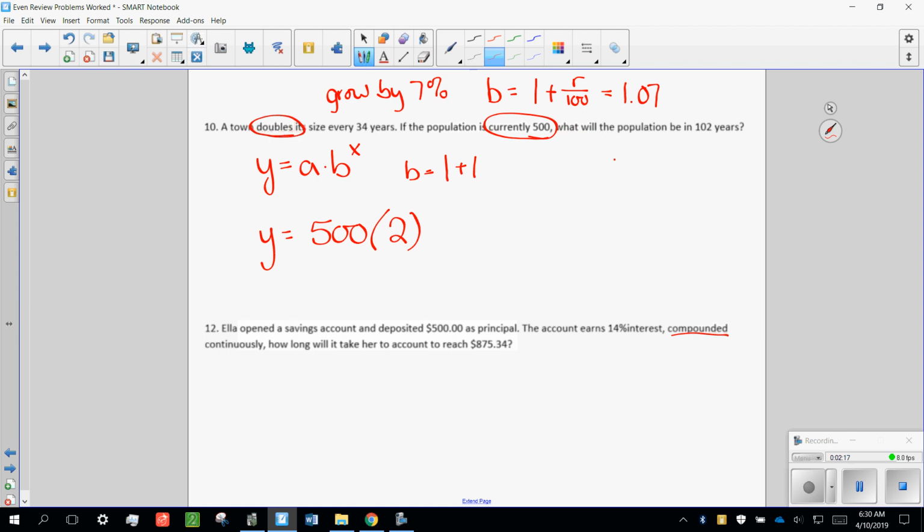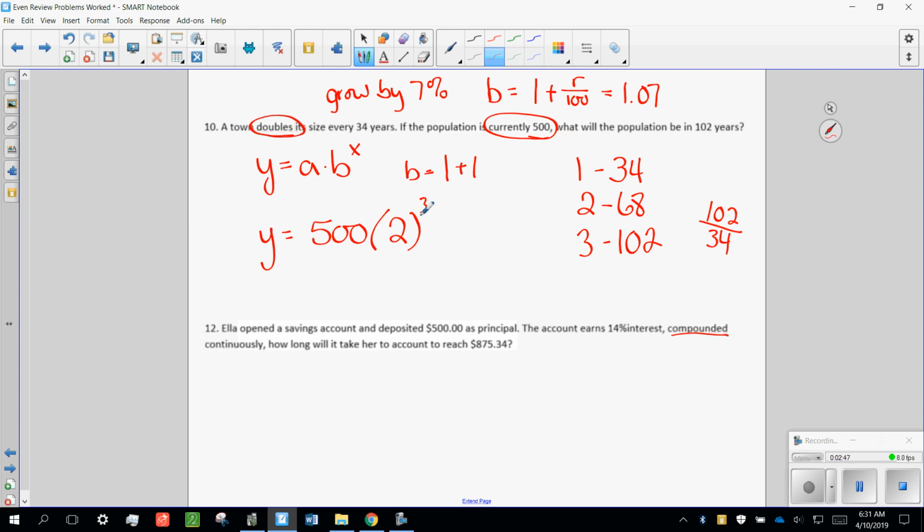So how many times do we double in 102 years? Well, the first double would happen at 34 years. The second double would happen 34 years later at 68. The third double would happen at 102 years. You could do a little linear table where we're adding 34 every time, or you could just do 102 total years divided by 34 years per double, and you get 3 doubles.